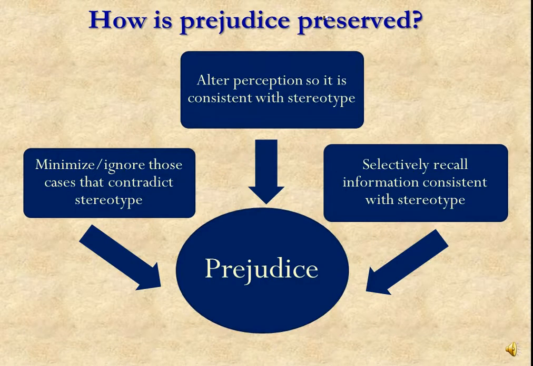All right, so I spent the last 20 minutes or so talking about the different mechanisms that are involved in creating prejudice. There are also some cognitive mechanisms that go on to actually maintaining or preserving our prejudice. When we've talked in the past about memory, one of the things that I emphasized is that memory is very easy to modify, that the way that we recall information is often not the way it really happened.